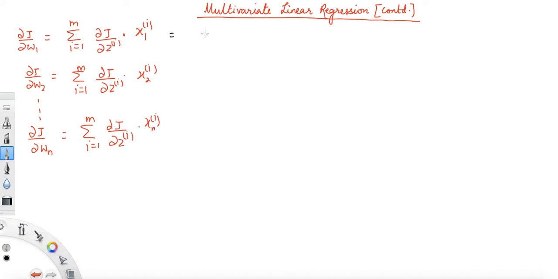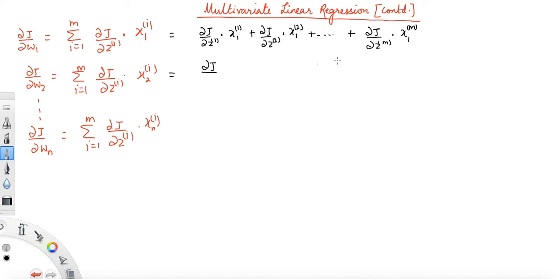Now we can also write this one as del z over del z1 times x1, plus del z over del z2 times x2, plus so on, plus del z over del zm times xm. Similarly, for del z over del w2 also we can write likewise.